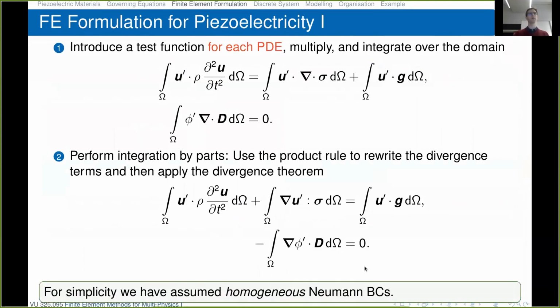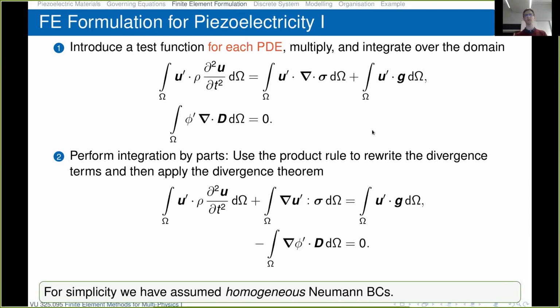Okay, so we're ready to derive the finite element formulation for piezoelectricity. As usual, the first step will be to introduce a test function for each partial differential equation. So we have introduced u prime and phi prime, and we multiply these to our strong form and integrate over our domain. The next step is to perform the integration by parts. We have done this already several times.